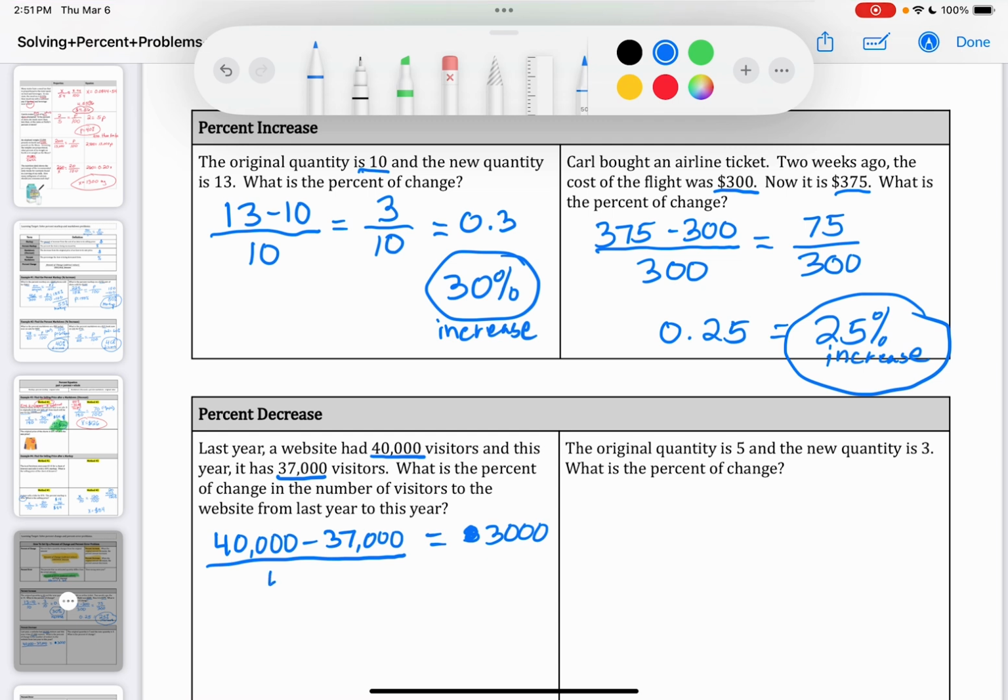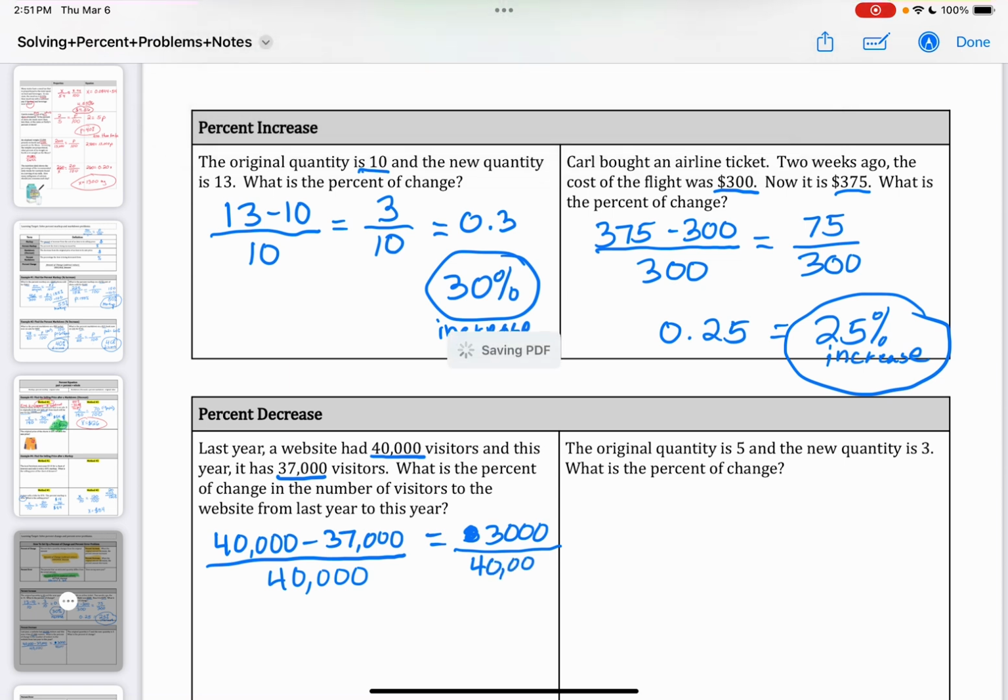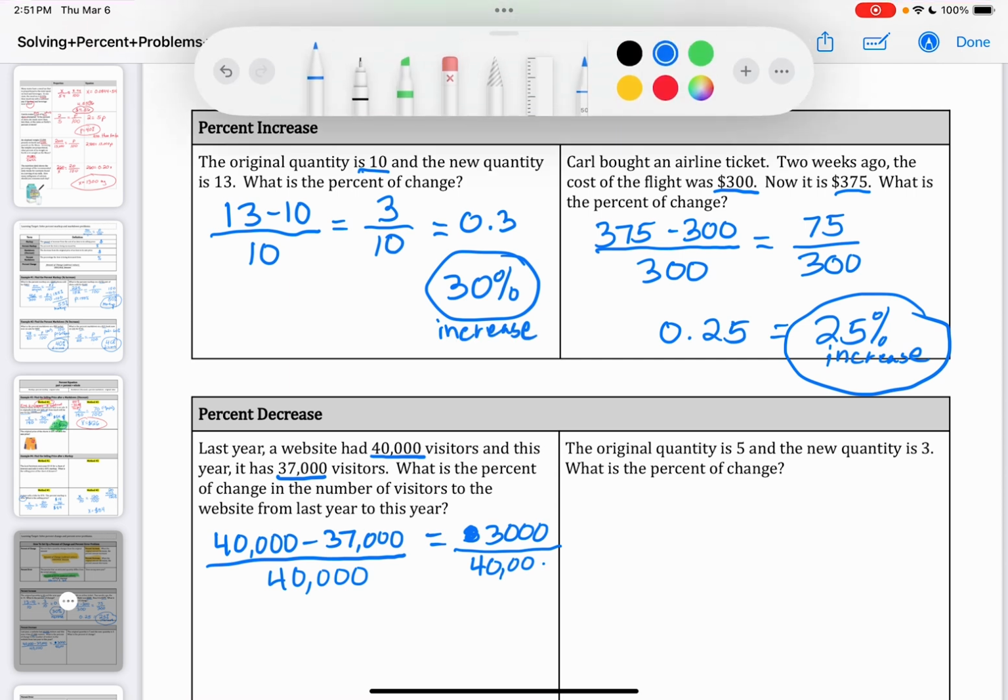And originally we had 40,000. So 3,000 divided by 40,000. I got 0.075, which would be 7.5% decrease.